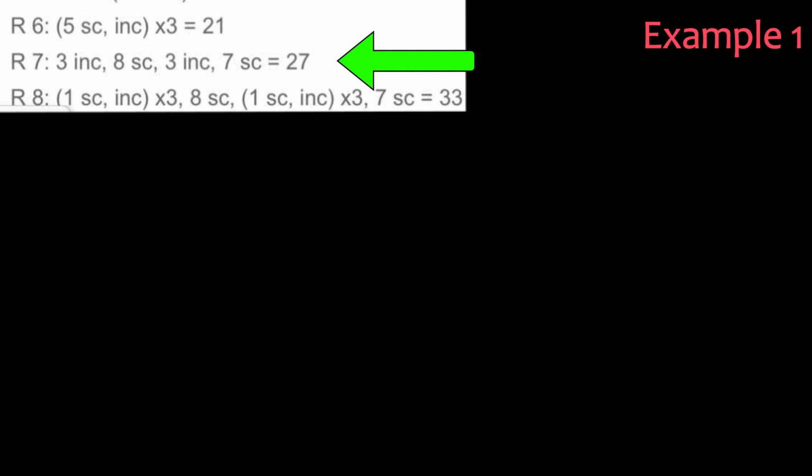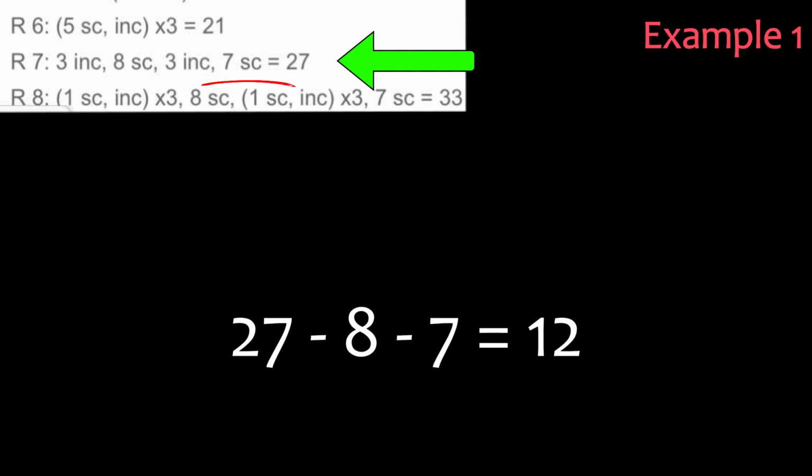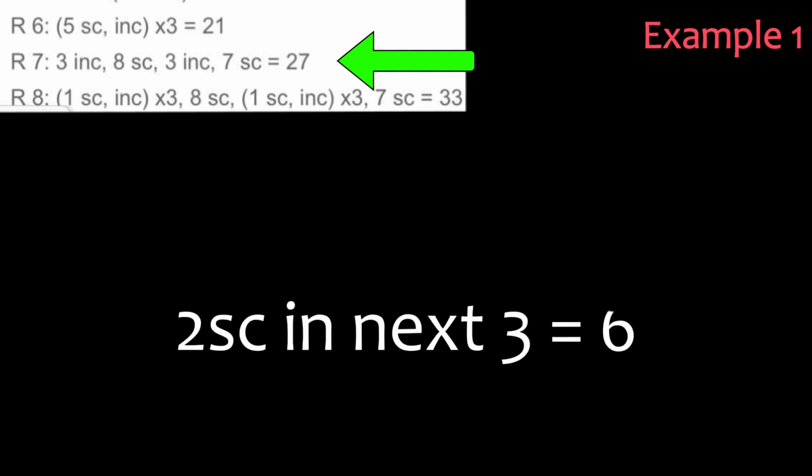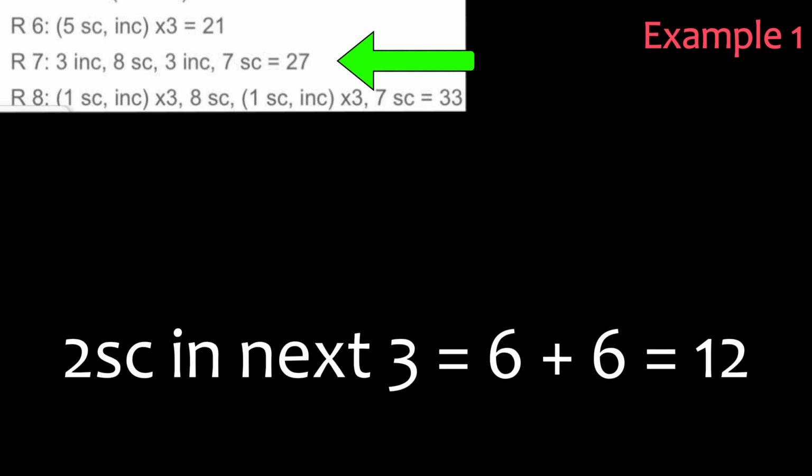So the final number of stitches for row 7 is 27. We can subtract the 8 single crochets and we can subtract the 7 single crochets, and that leaves us with 12 stitches. This implies that 3 INC means 2 single crochets in the next 3 stitches, because that makes 6, and 6 and 6 is 12.